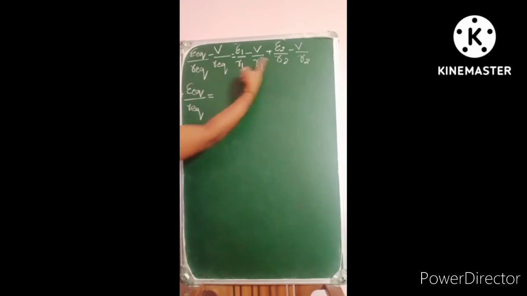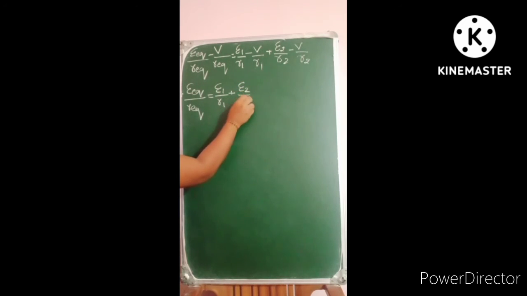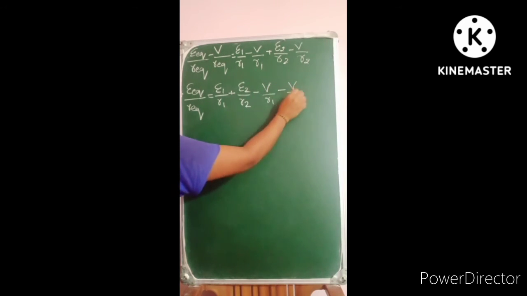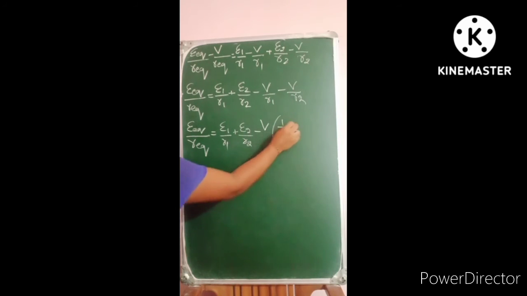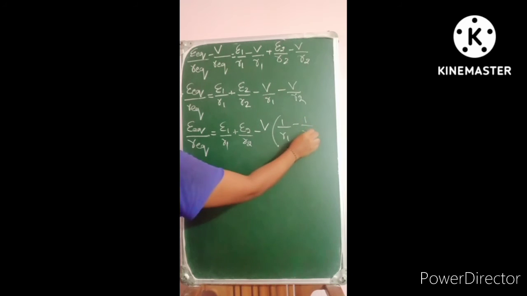equals, taking this to the other side and this to the right hand side, E1 by R1 plus E2 divided by R2 minus V by R1 minus V divided by R2. Or again we can write this as E equivalent divided by R equivalent equals E1 by R1 plus E2 divided by R2 minus V into, 1 by R1 plus 1 by R2.